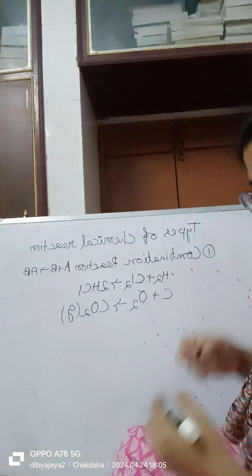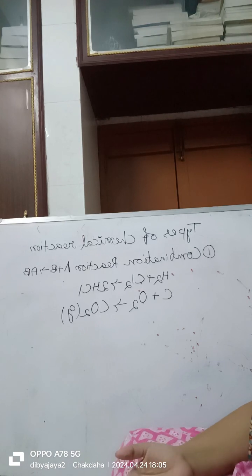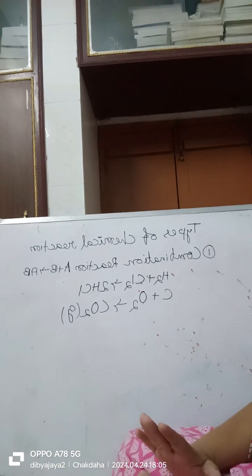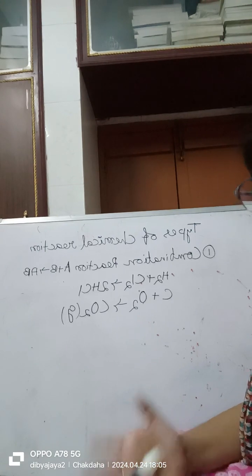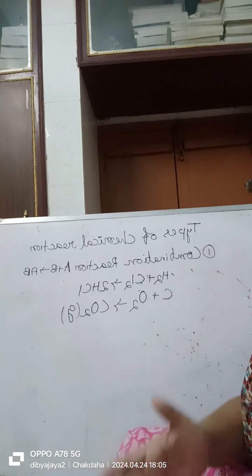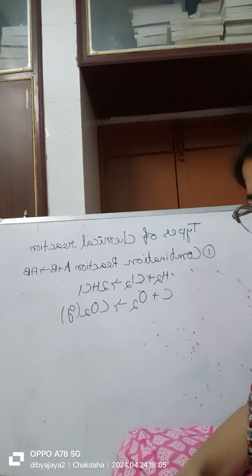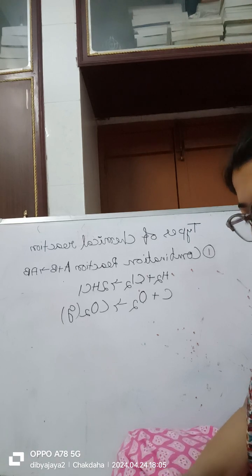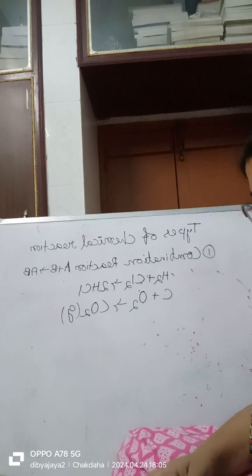Next, suppose carbon monoxide is burning. When carbon burns in a sufficient amount of oxygen, carbon dioxide is formed; when the oxygen is insufficient, carbon monoxide is formed. Now this carbon monoxide is burned in the presence of oxygen, then one single product will form, that is carbon dioxide.